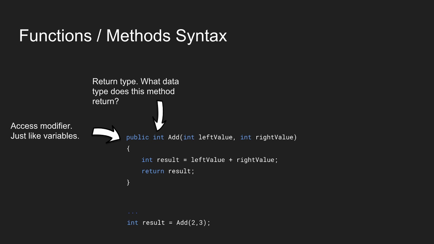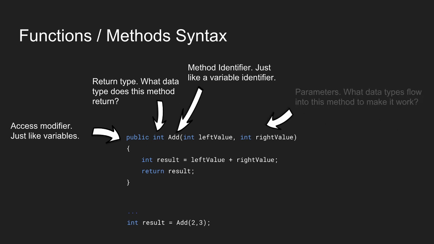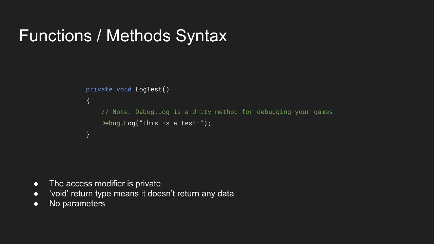Then we have the name of the function, which is usually Pascal case. And then we have our parameters, which is what data flows into this method. So if you break this down, the return type is what flows out, the parameters are what flows in.